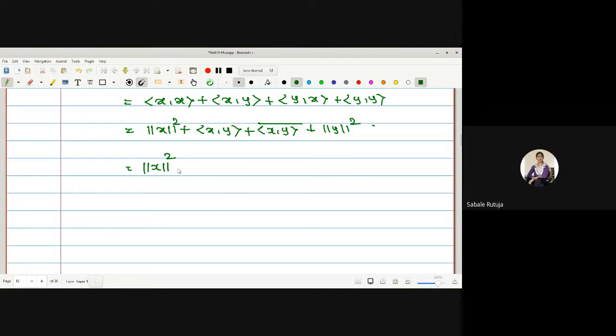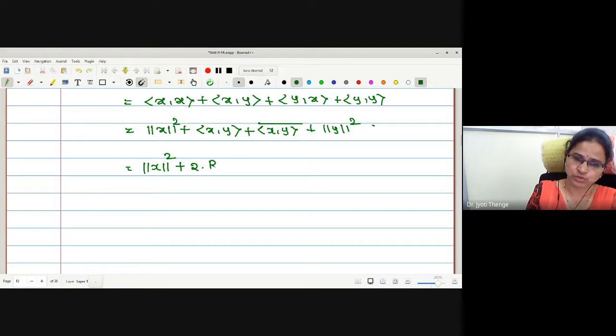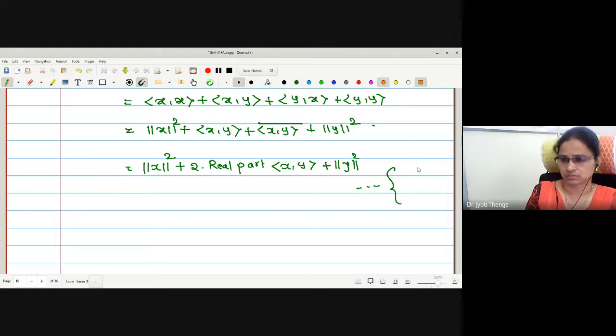It's 2 times the real part of it. Yes, this is 2 times the real part of inner product xy. You can check: if I write z as x plus iy, z bar as x minus iy, then z plus z bar is 2x. But this is 2 times the real part of it.